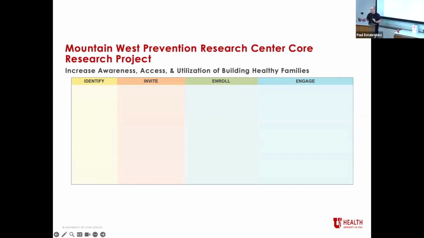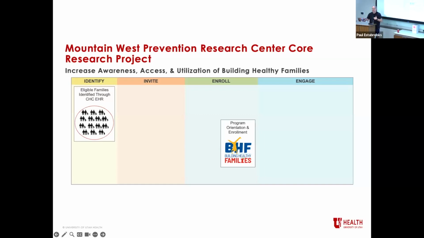Okay, so here is the project. I'm going to walk through it relatively quickly: building healthy families, program orientation and enrollment. So enrollment is our primary outcome. Okay, the number and proportion and representativeness of families that enroll in the program, that's our primary outcome. And so the way that we proposed to do this was that we would have communities respond to a fund and contract adoption strategy, and they would have a partnership between a community organization that would deliver building healthy families and a community health center that would use their electronic health record to identify families that would be eligible for building healthy families.